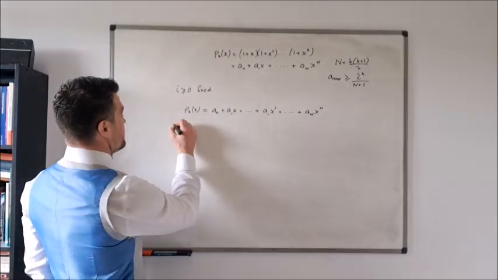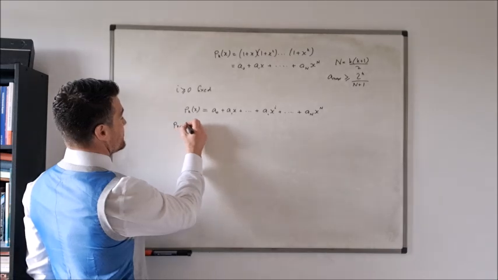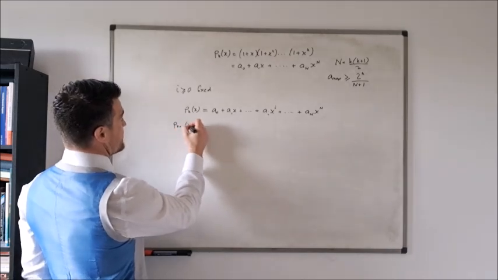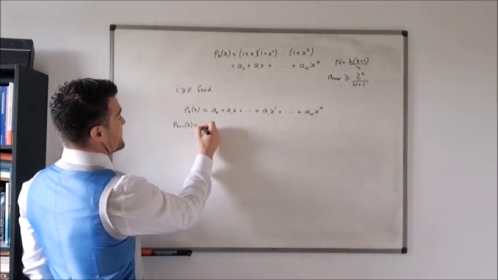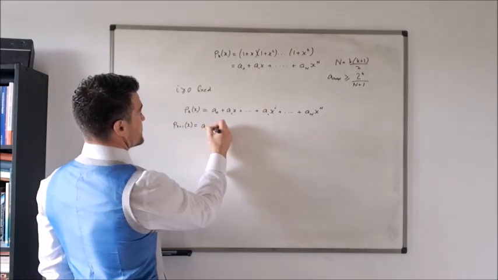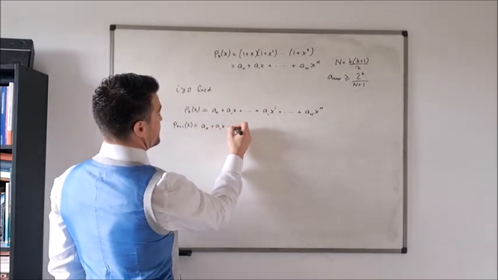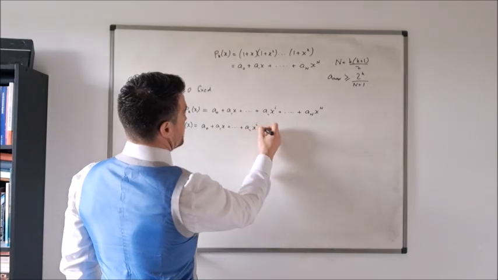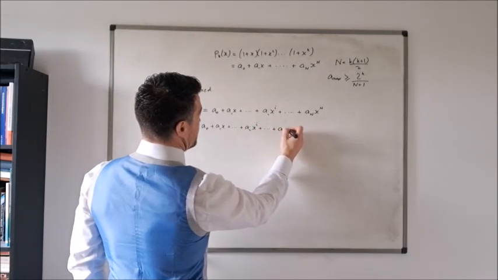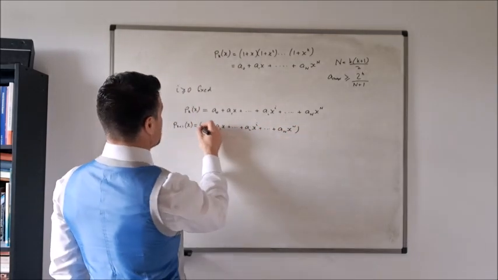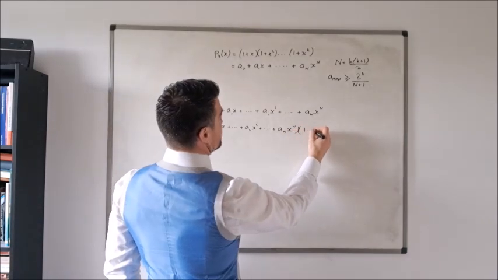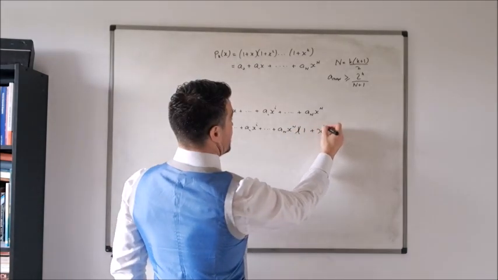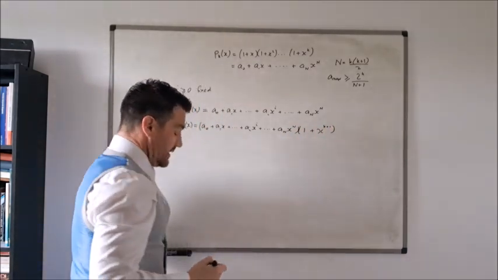Okay, so then p sub k plus 1 of x is going to be equal to a0 plus a1x plus a_i x to the power of I plus a_n x to the power of n times 1 plus x to the power of k plus 1.